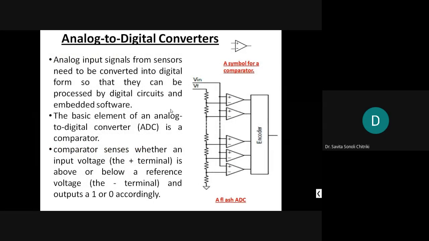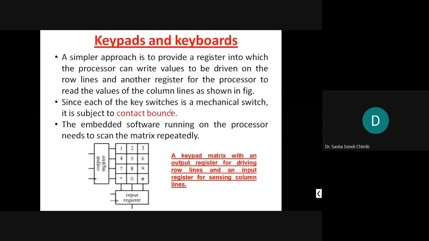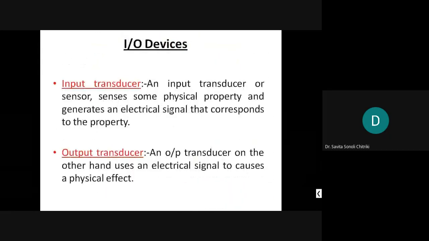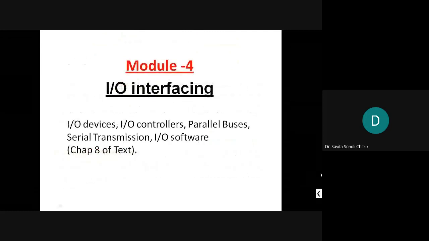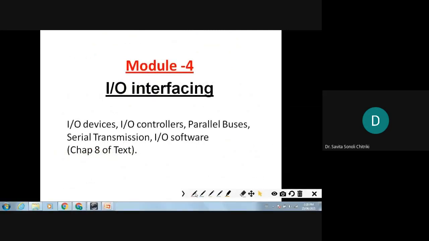As I was telling, the first figure is very important, so we have to note that. The first block will be the input sensor, then the A to D converter, then your microcontroller, any controller here.